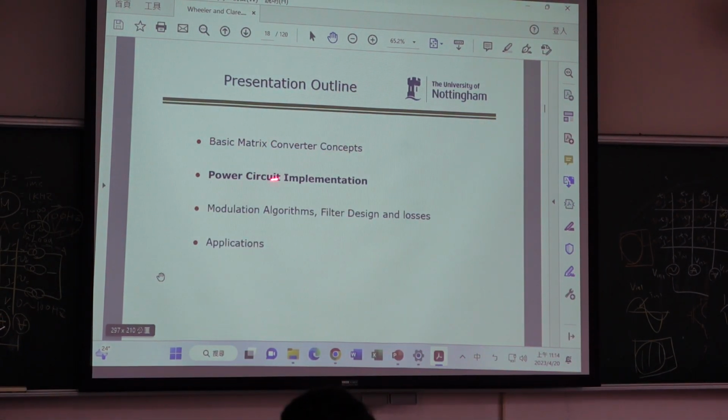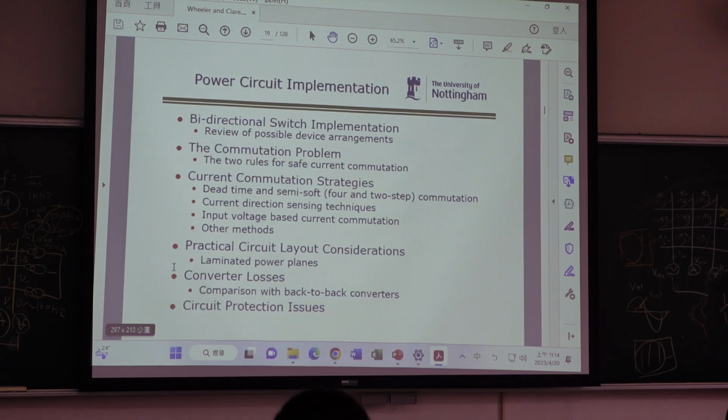So now we go to the power circuit implementation. So how can you design your bidirectional switch? We need an AC switch, so a bidirectional switch. So how can we do this? We need to do current commutation.